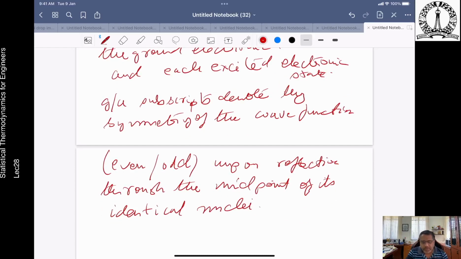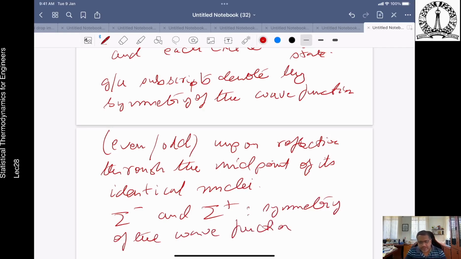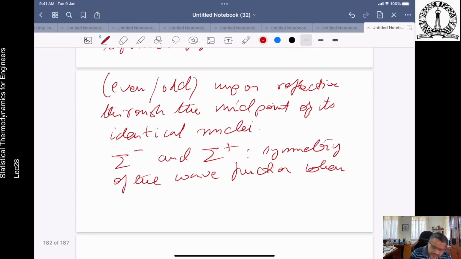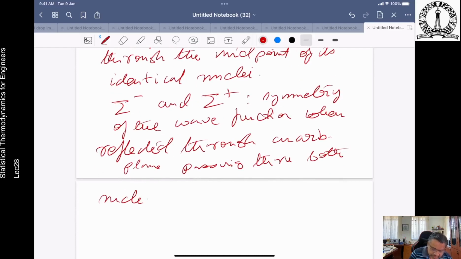Finally, the superscripts, minus and plus, designate the symmetry of the wave function when reflected through an arbitrary plane passing through both nuclei of a diatomic molecule.